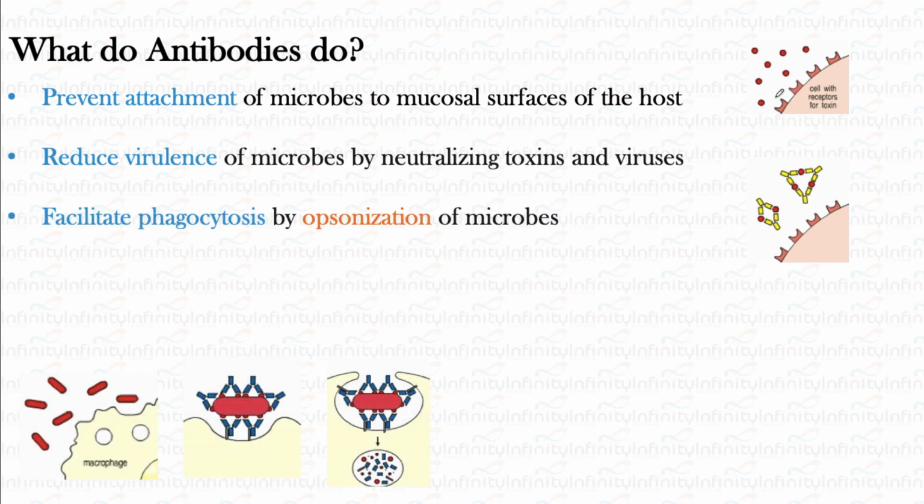The third job that they do is they facilitate phagocytosis by opsonization of microbes. Now what is opsonization? Opsonization is coating of a microorganism by a specific antibody. So whenever a microorganism comes into our body, and if there is an antibody against that microbe, the antibody will coat the surface of the microbe with itself, and it will facilitate the phagocytosis of this coated or opsonized invader by any multitude of phagocytic cells.